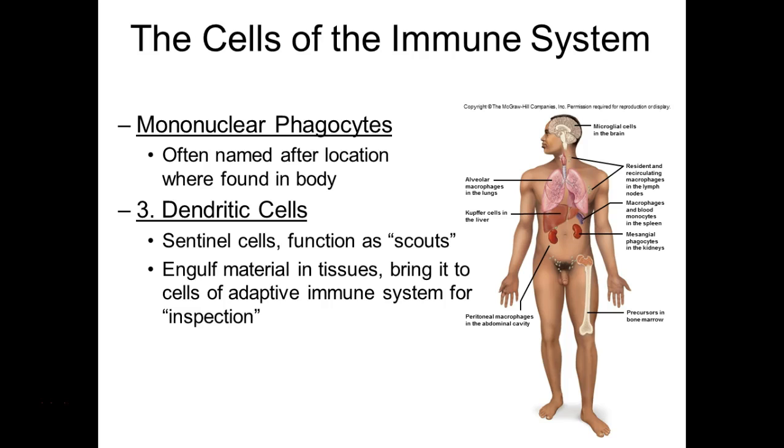So in order to do that, they also are going to do just like macrophages. They're going to take the stuff in. They're going to engulf it. But they're the major players that are going to share this with our adaptive immune response. They're going to pick up those pieces and give it to the adaptive for inspection. Say, oh, look what I found. Do you recognize this guy? How bad is this one? Have you seen it before? And that's the cool thing about the adaptive immune response, is we remember what we've seen before.